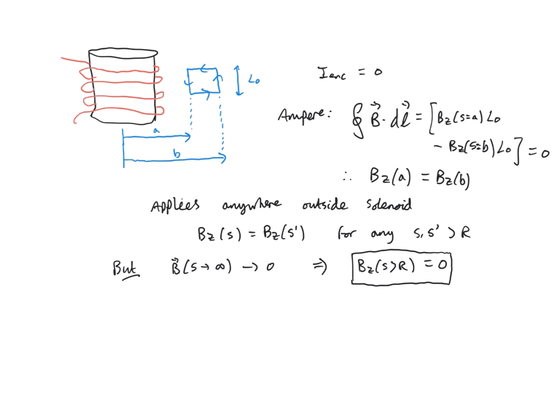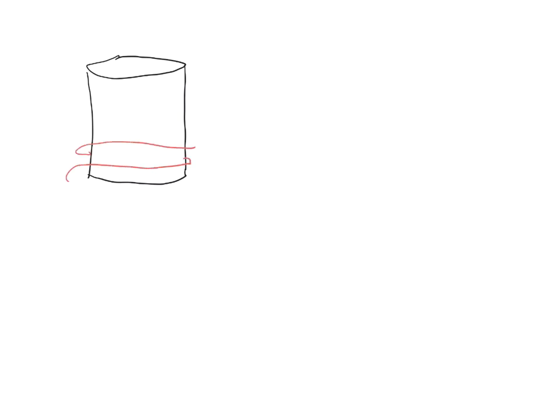Okay, what about inside the solenoid? How can we understand what's going on there? Well, let's make our sketch. Here's our cylinder, and we have our wire loop.